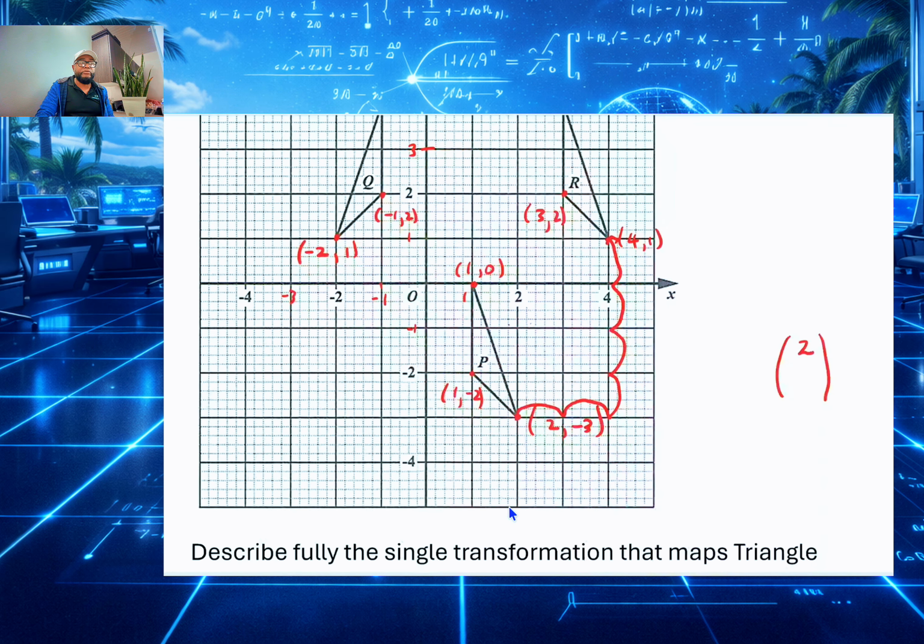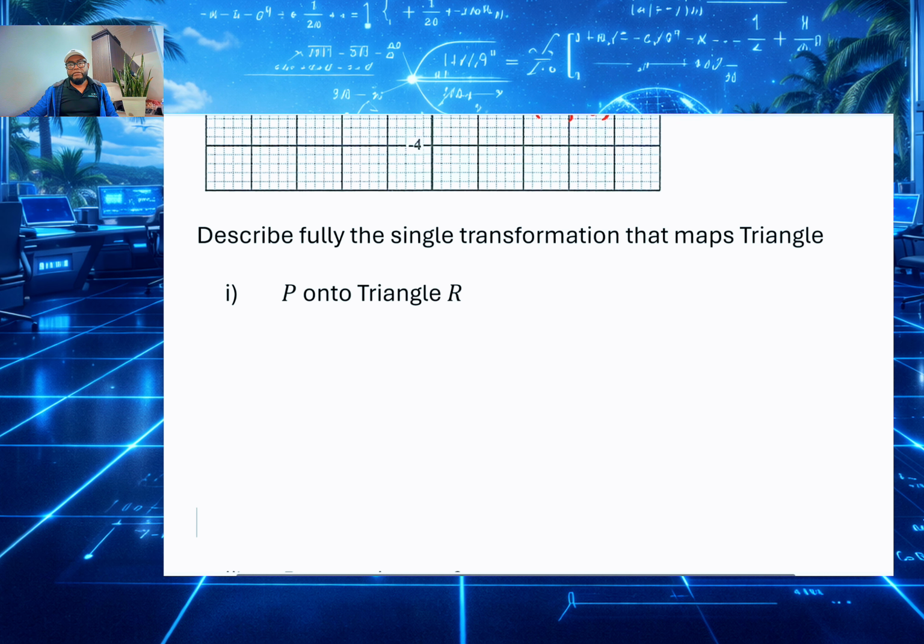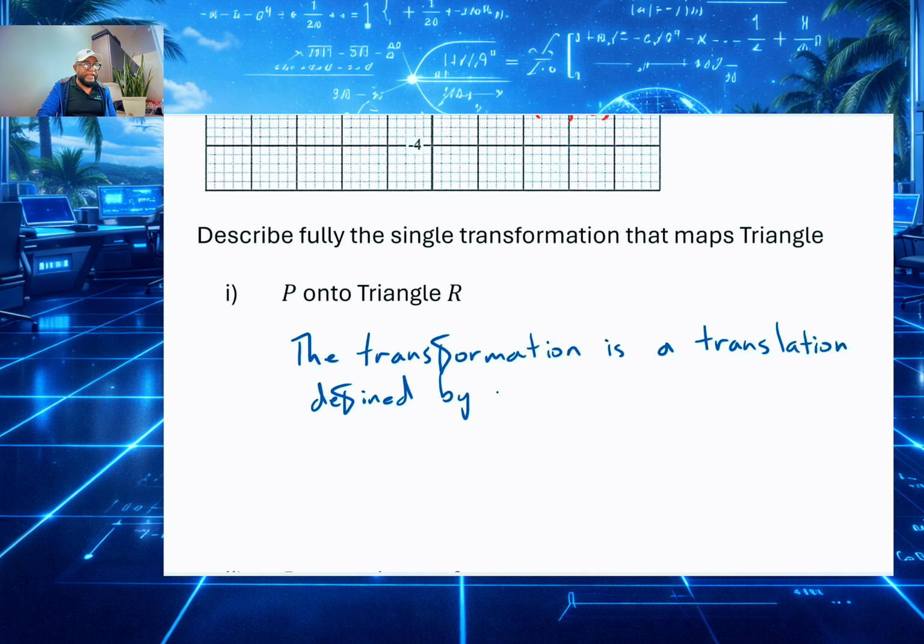Because you went up, it would be +4. So I'm going to explain the translation now. Describe fully the single transformation that maps triangle P onto R. The transformation, write this please, is by the vector.